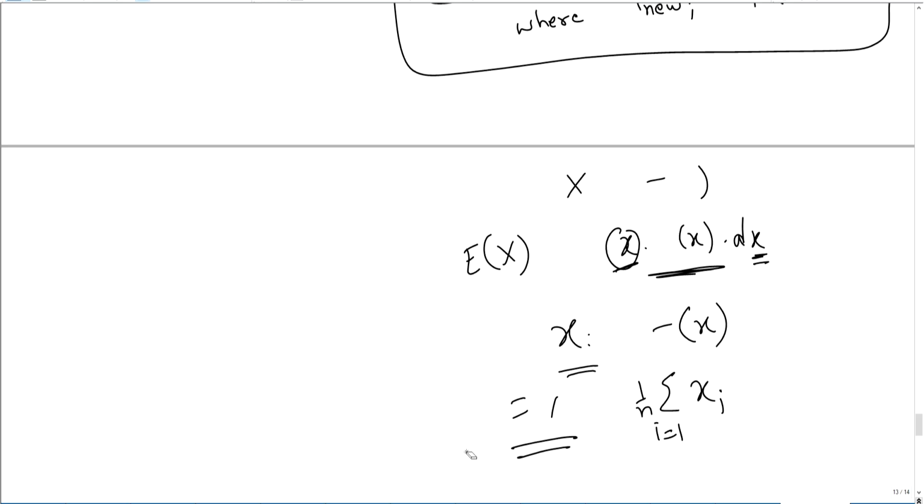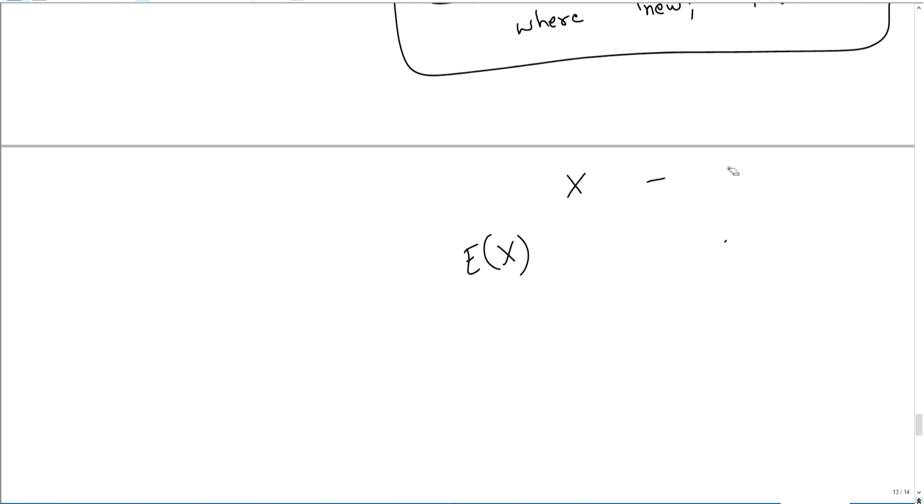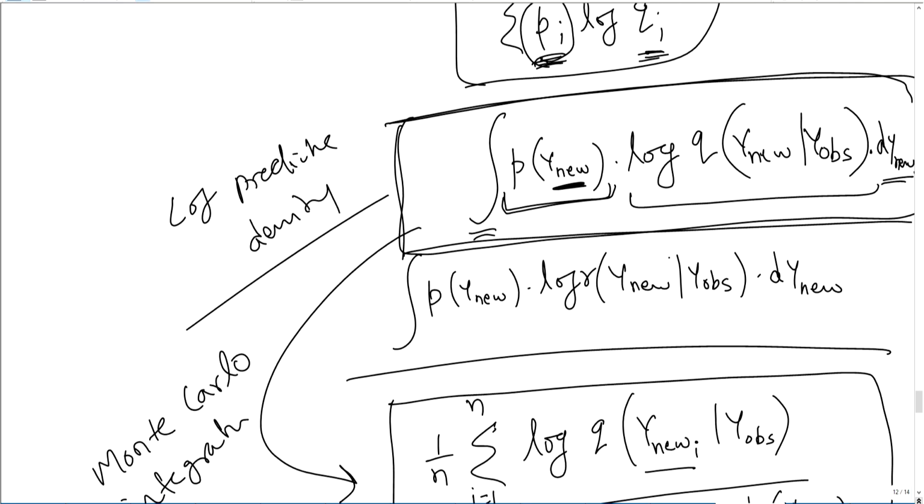Similarly, in our example, in our predictive accuracy metric, what we want to calculate is this integration. We are given the probability distribution of this new data, and then there is some function of this new data, and we are integrating it with respect to the new data.